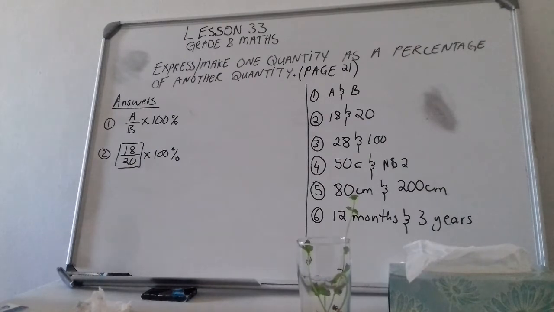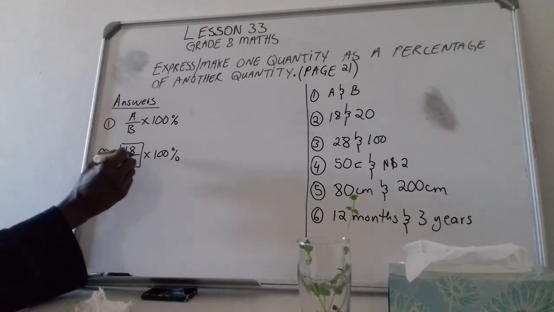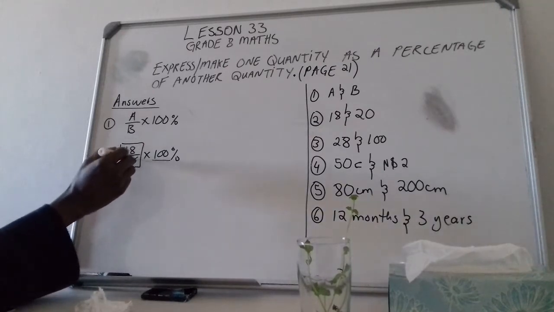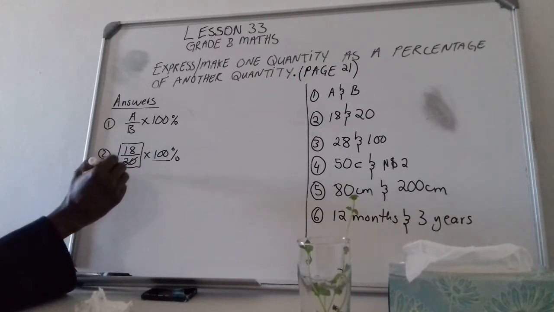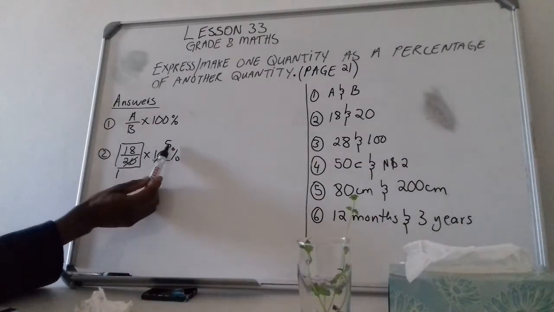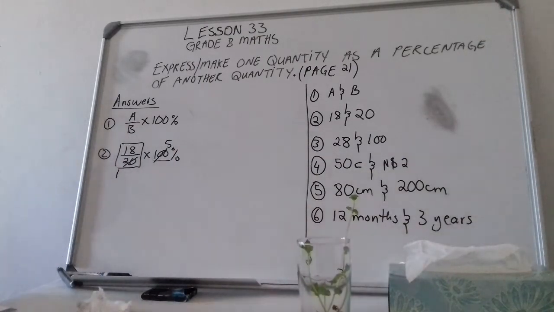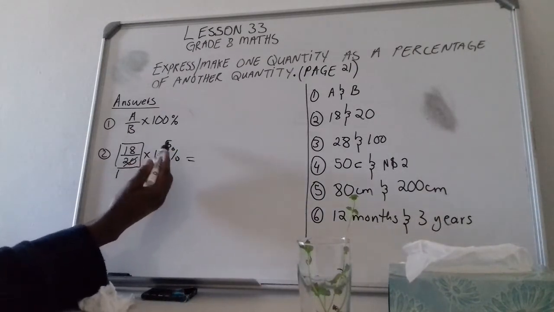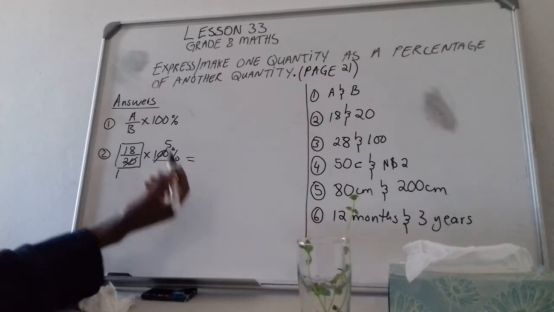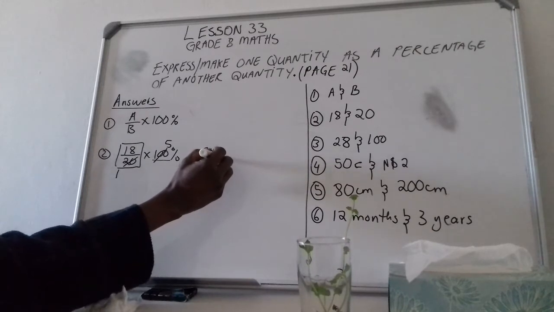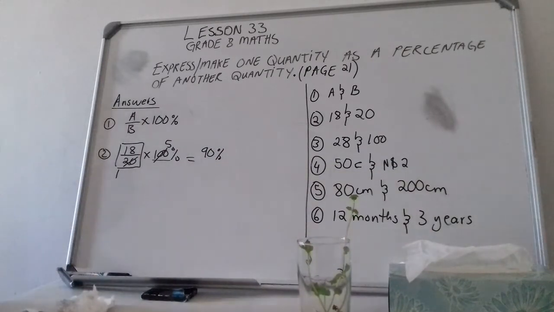Or since 20 can go into 100, we can just say 20 goes into 20 once, 20 goes into 100 5 times, and then you multiply 5 by 18. So 18 times 5 will give us 90%. So that will be 90%.